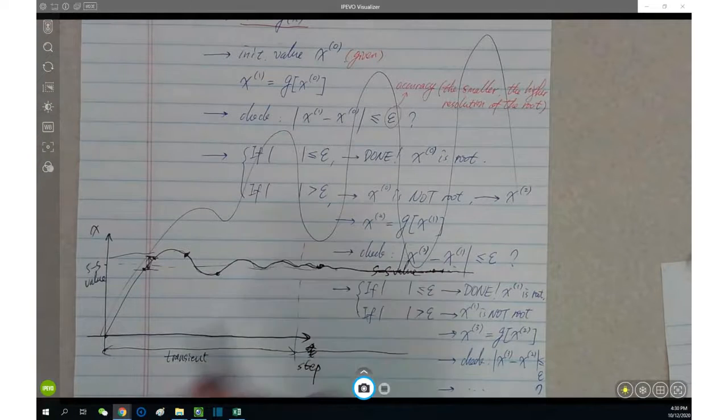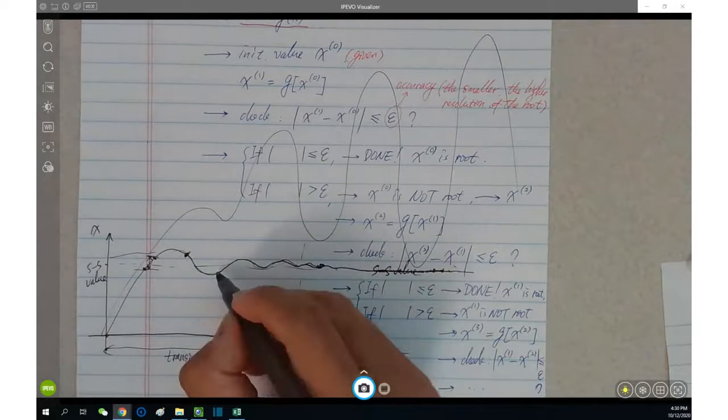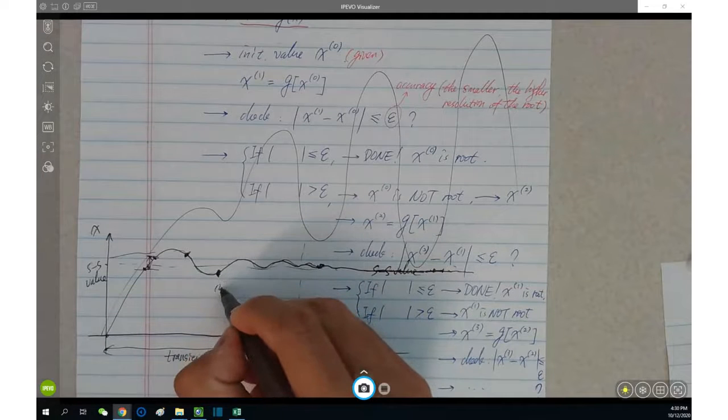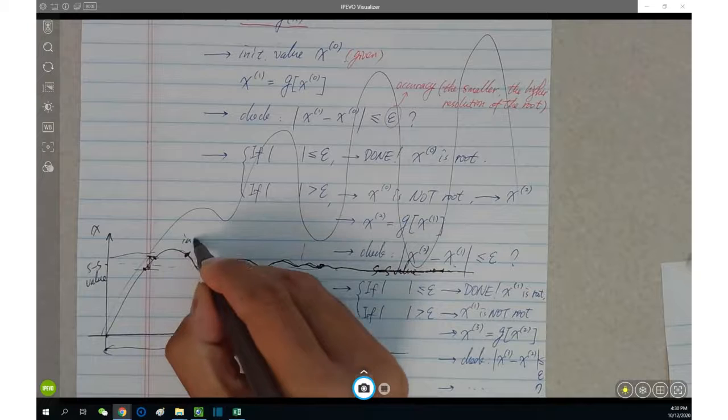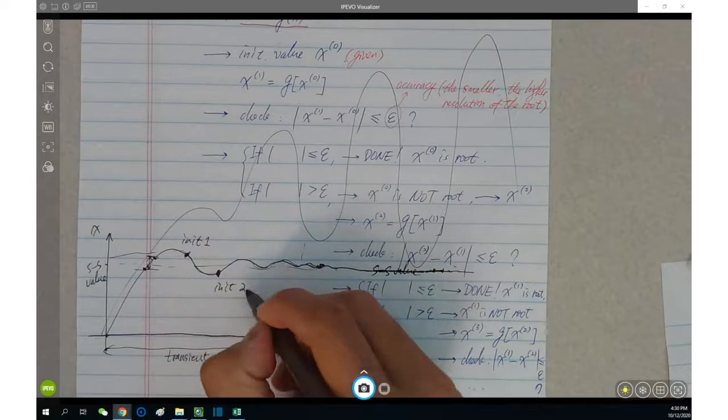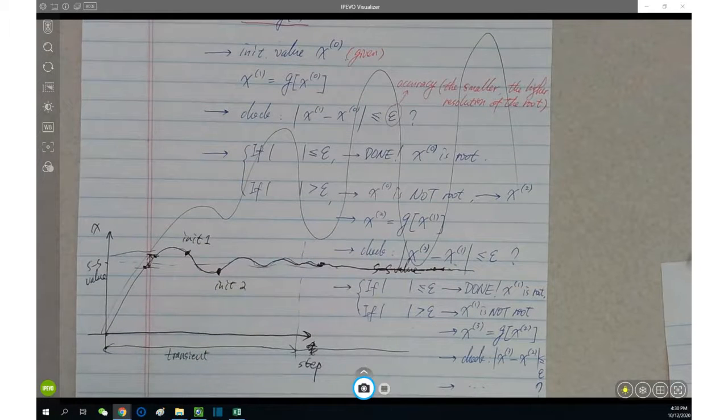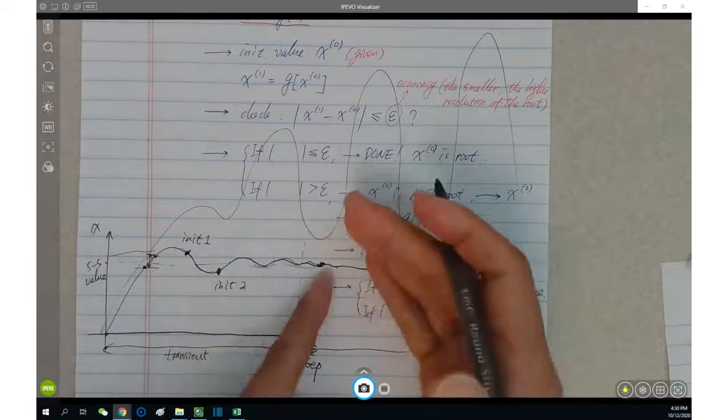If you choose an initial value here and an initial value here, what's the difference between these 1 and 2? The amount of steps you'll have to iterate. Very good. It's just a different amount of steps you need to reach that steady state value. It's how far away you are from the steady state value.